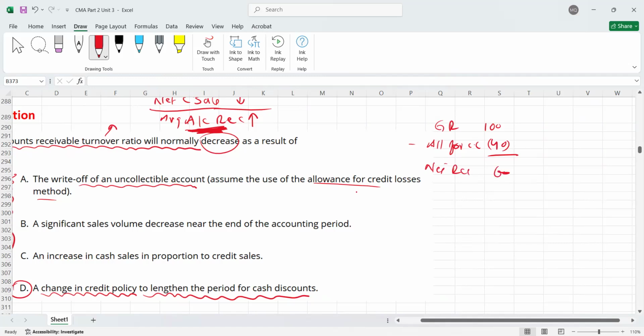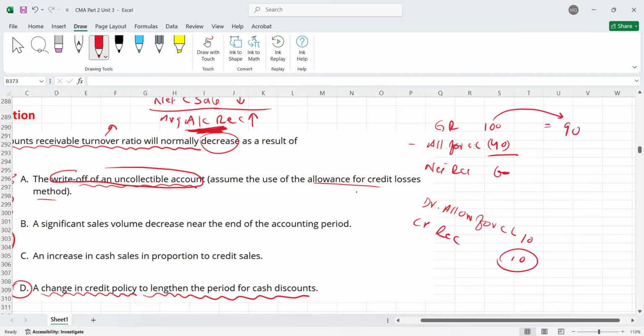Now the question is, when you write off uncollectible accounts, what entry do we pass? We always pass this entry: we debit allowance for credit loss and we credit receivables. Let's assume the amount is $10. Due to this, receivables are credited by 10, so receivables become 90 from 100. And with the same amount, the allowance is also decreased from 40.